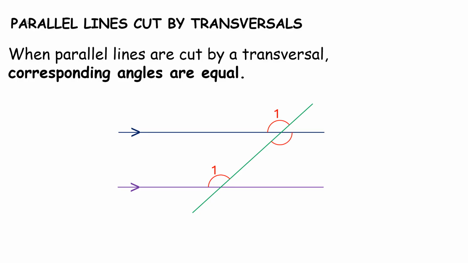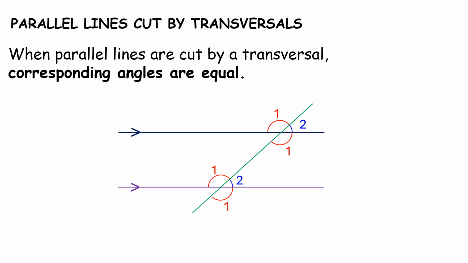If you are looking at the vertical angle that goes with angle 1, of course, those two are equal because vertical angles are equal, and the same thing happens down at the bottom. Those are also equal. If we look at that angle right there, that blue one, it is above the parallel line and to the right of the transversal. If we look down at the bottom, there's another one just like it, above the parallel line and to the right of the transversal.